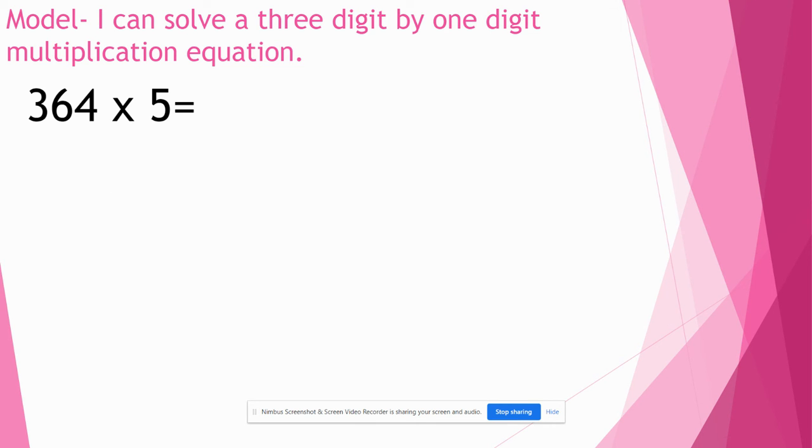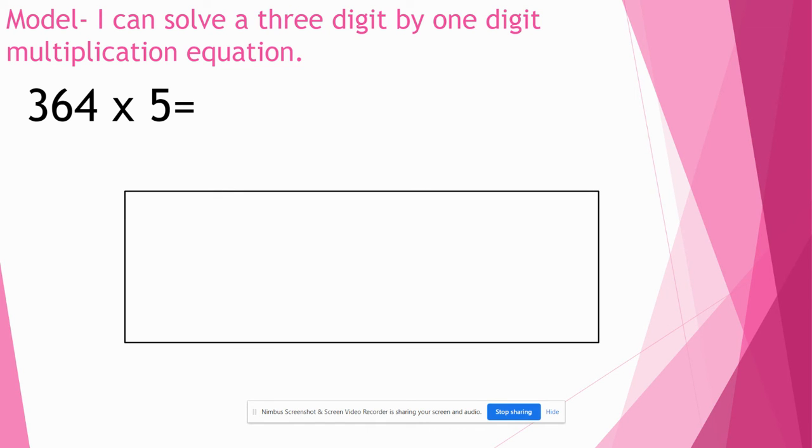Okay, let's move on to a 3 digit by 1 digit. 364, I know, can be broken up into hundreds, tens, and ones. So I know that all 3 of those need to be multiplied by 5. So if I'm breaking it apart, I know that there's 300, 60, and 4, and each one separately needs to be multiplied by 5.